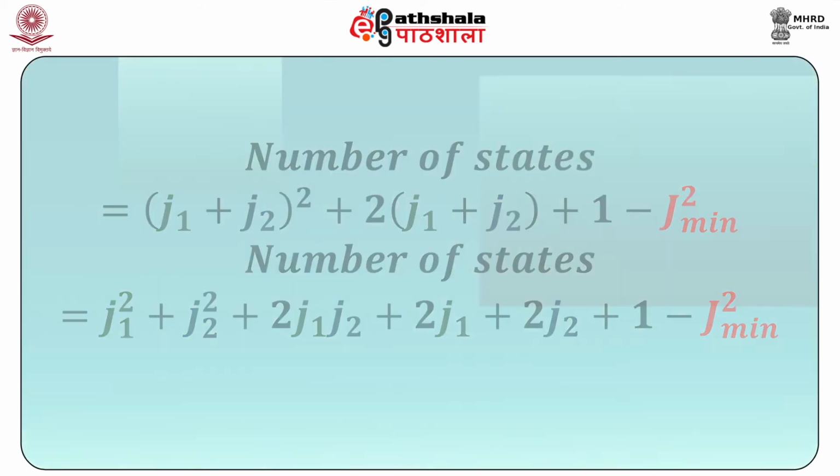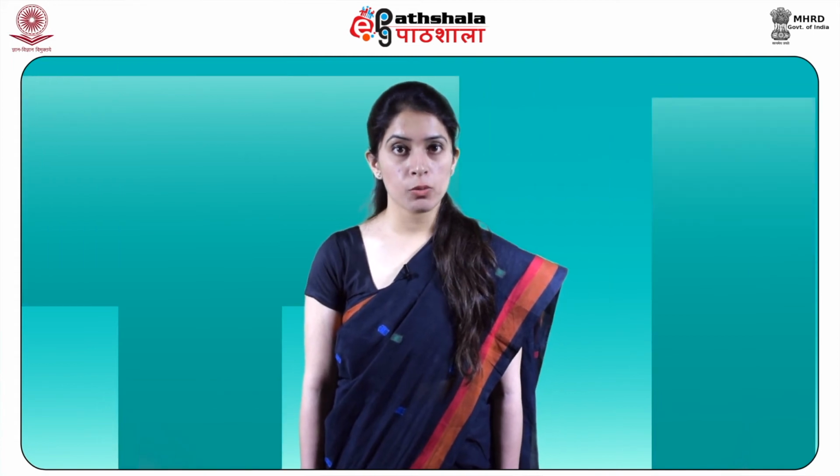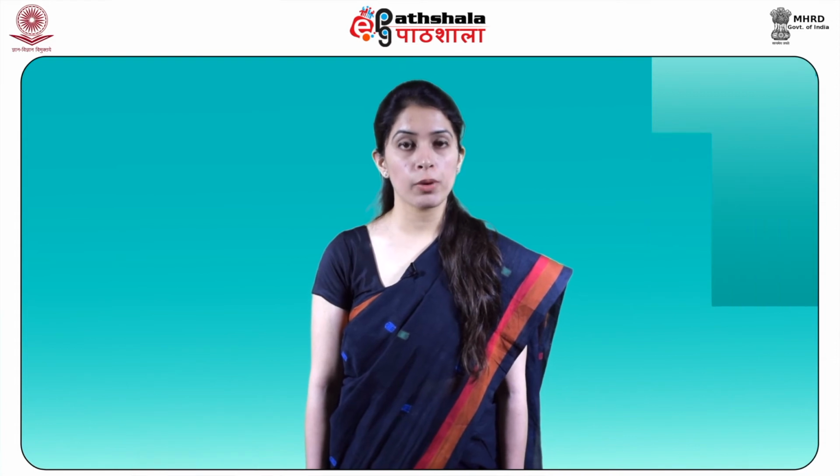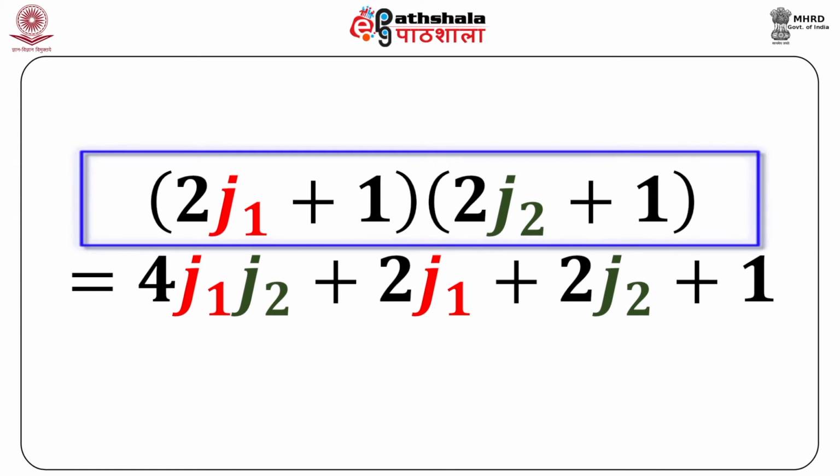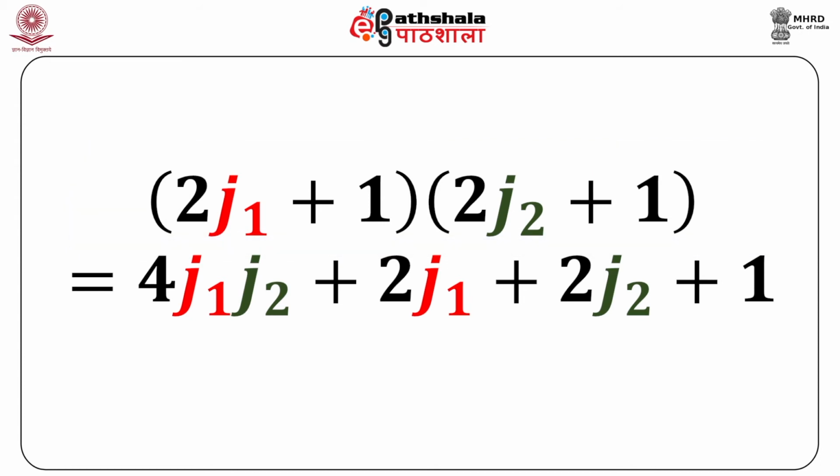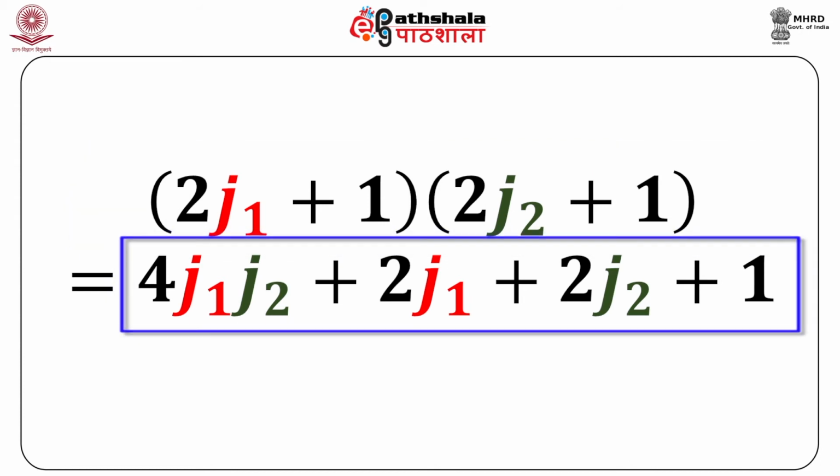minus J minimum square. Now equating the total values obtained using this expression and from the product of 2J1 plus 1 into 2J2 plus 1, which becomes equal to 4J1 J2 plus 2J1 plus 2J2 plus 1.